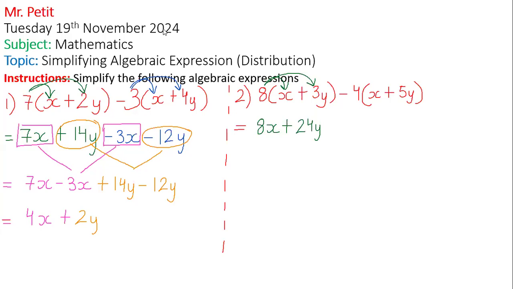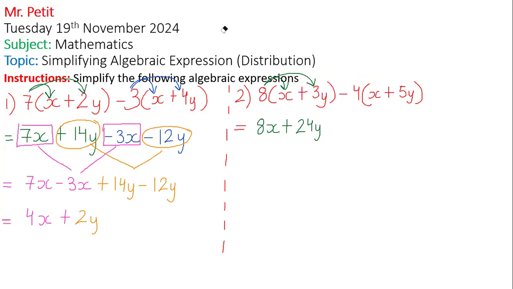And what else are we going to do, class? Distribute the -4. -4 multiplied by x should then be -4x. Let me change this color.